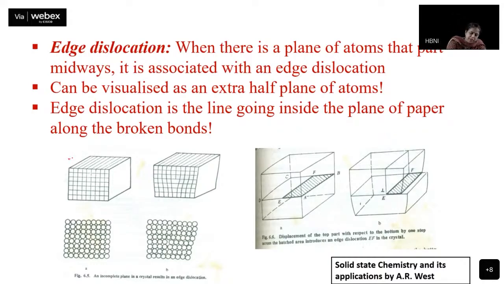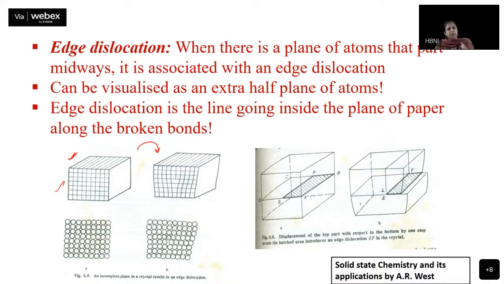You see this particular figure. A perfect crystal has no deformation or dislocation. But if somehow I transform it in such a way that one particular plane of atoms actually starts... See, if you try to observe this particular crystal, how does it look? A plane starts from the top, goes till the end.